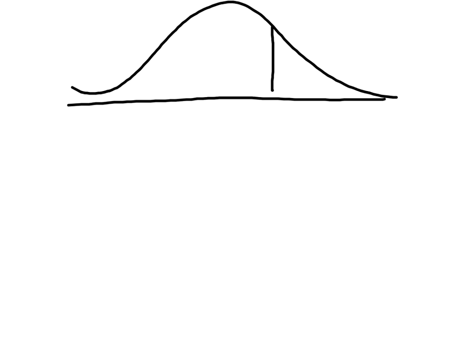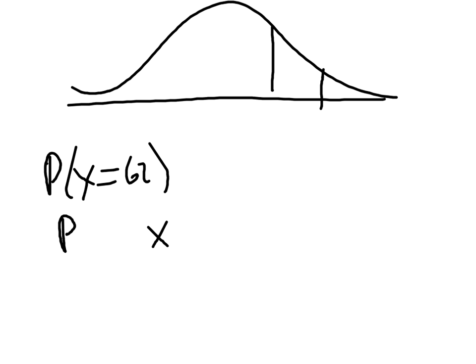I'll have to exaggerate a little bit. Remember our X was 62. When we add and subtract 0.5 to that, we end up with X greater than 61.5 and less than 62.5.